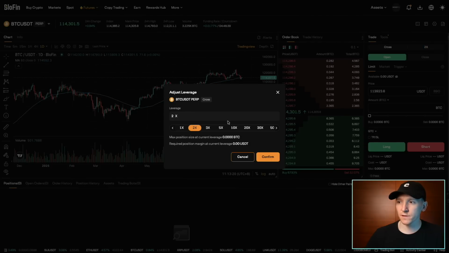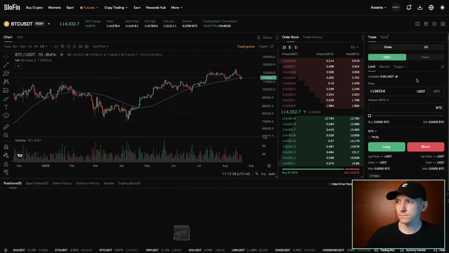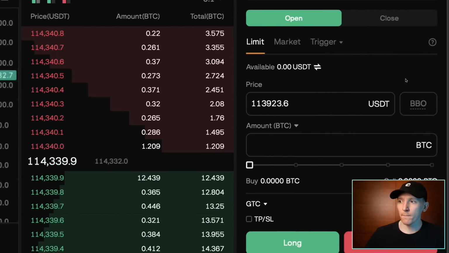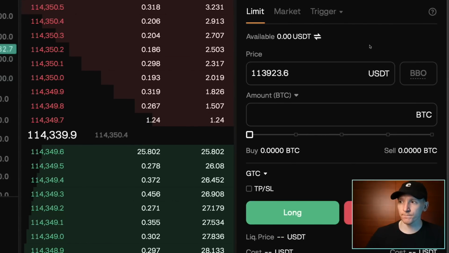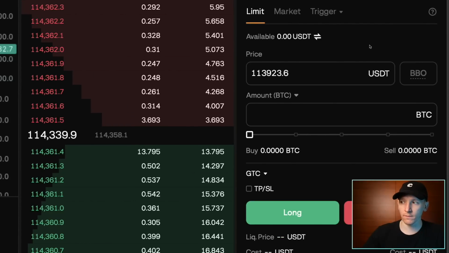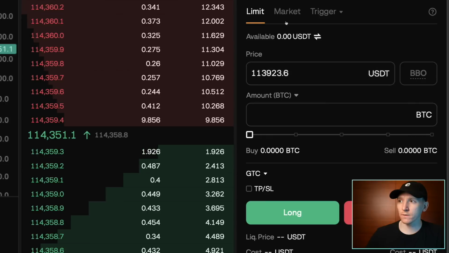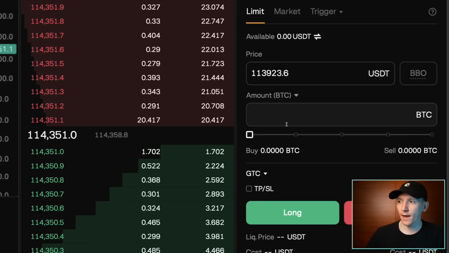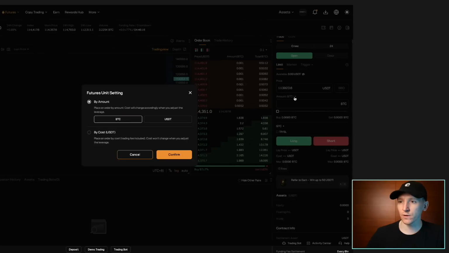So we can choose this. 1x is no leverage. This is 2x leverage, 3, 5, 10, right? So let's do 2x leverage and press confirm. What that means is my position size that I can open is 2x my collateral value that I have to put down. So let's open an order here, and let's choose a US dollar amount.